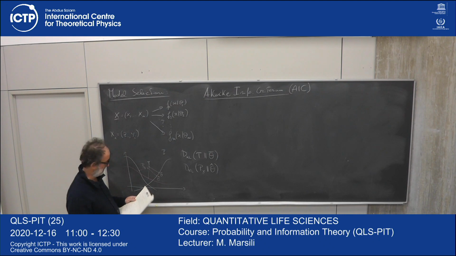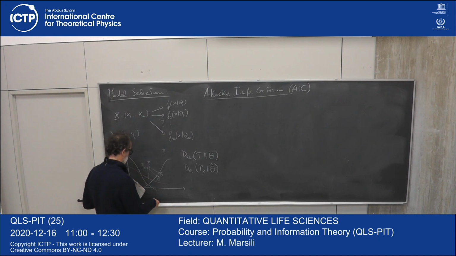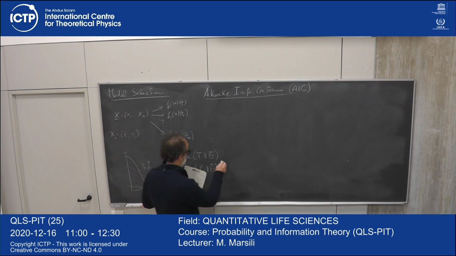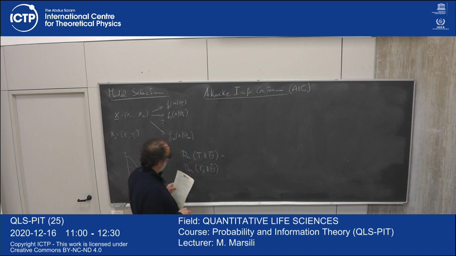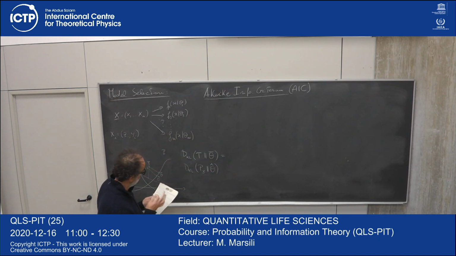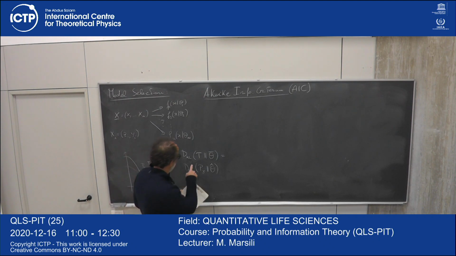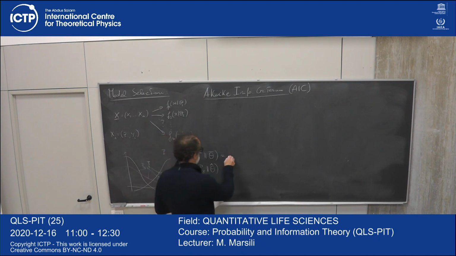So how can we do this? Well, the idea is sort of a little bit complex, but I'll try to explain. So first of all, you write DKL distances as cross entropies.